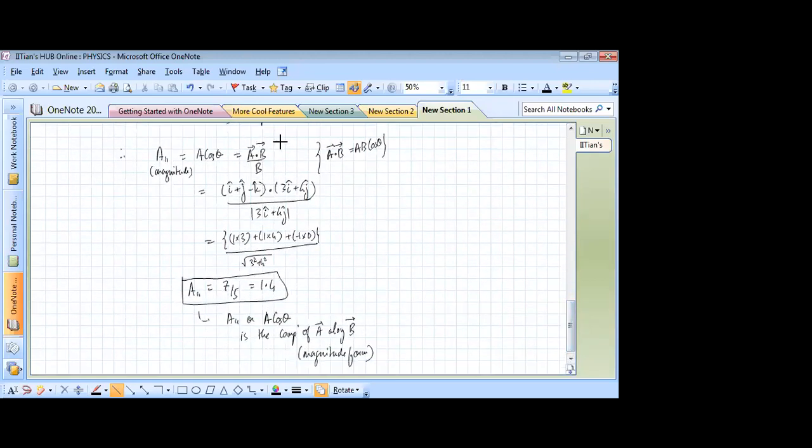We calculate it by using the dot product formula. Okay, so this is the parallel component.